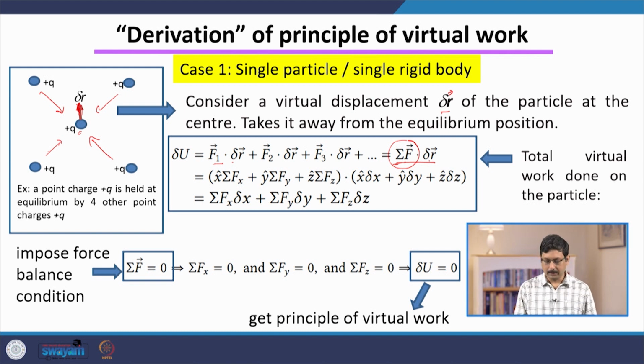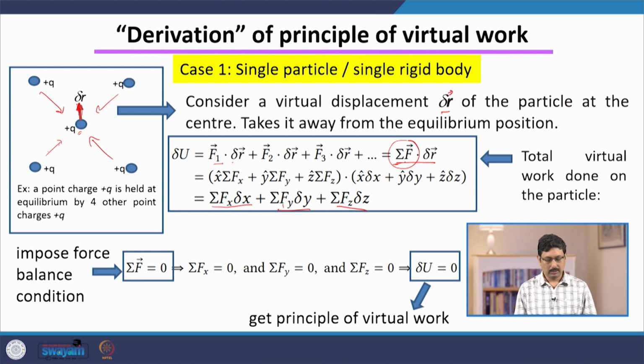Now, we can take any arbitrary Cartesian coordinate system and write down the components of the total force in that coordinate system, and similarly the components of the virtual displacement. After simplification and applying the dot product rule, we get that the total virtual work is the total force in the x direction times the component of virtual displacement in the x direction, plus the corresponding terms in the y direction and in the z direction.